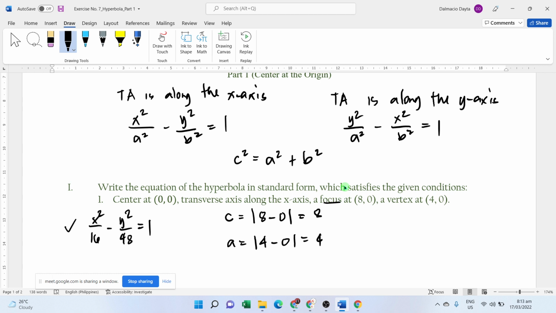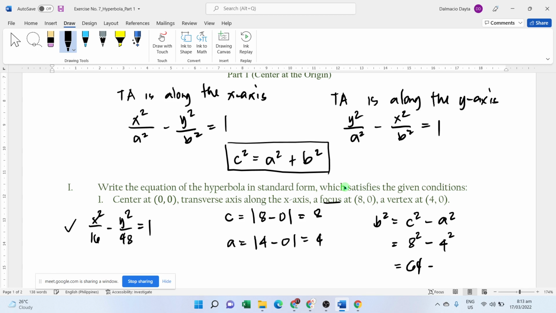Now to get the value of b, we use this relationship between a, b, and c. If c squared is equal to a squared plus b squared, then b squared is equal to c squared minus a squared. Doing that, c is 8, so we have 8 squared minus a, which is 4, then 4 squared.